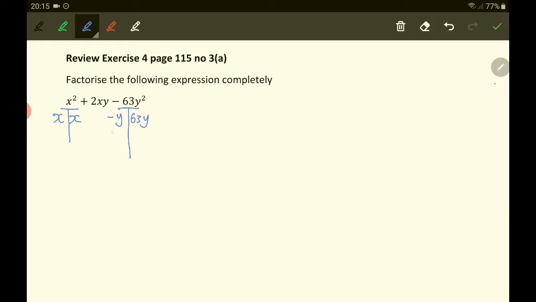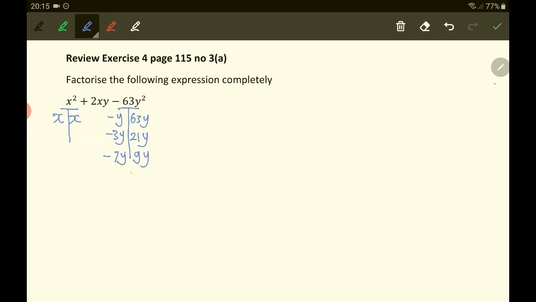The second combination may be minus 3y and 21y. This is also another possible pair. And the last one, minus 7y times 9y.